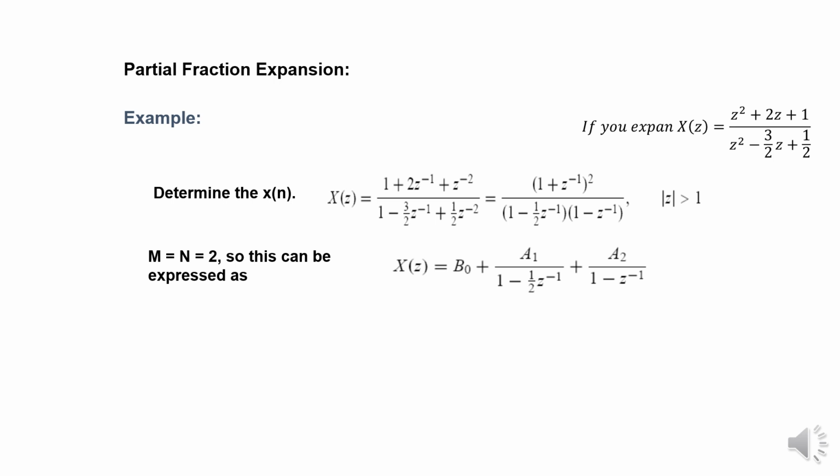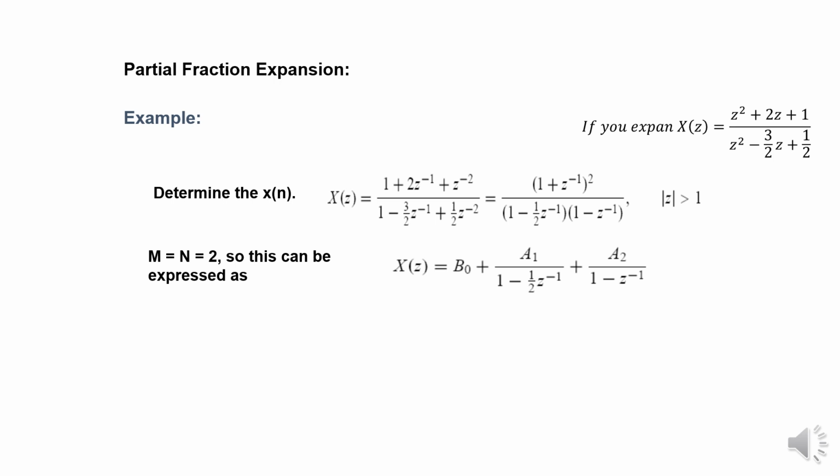Can you see these two factors? 1 minus 1 over 2 z to the power minus 1 is one factor of the denominator, so it will have a numerator of A1, and A2 is the numerator of the 1 minus z to the power minus 1 factor. You can expand partial fractions like this.